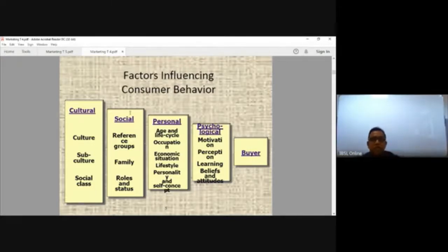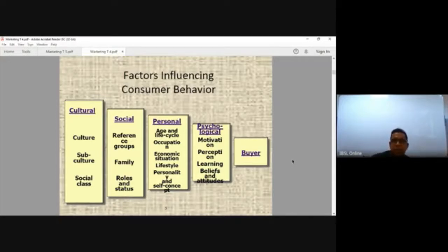Their personality can change. Their social status, social positions can change. Although their culture might not change, their social background, their personality, even their psychological factors can change. So therefore, consumer buying behavior is not a static thing. It is a dynamic thing.